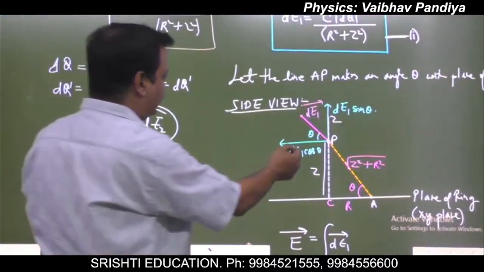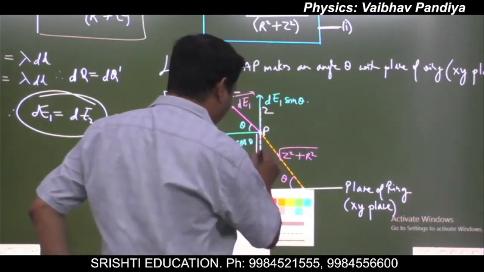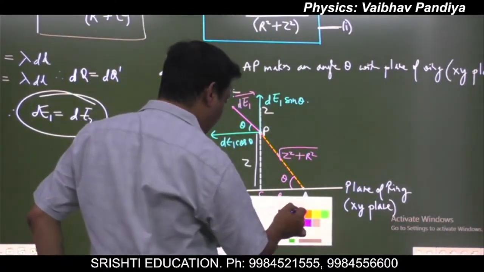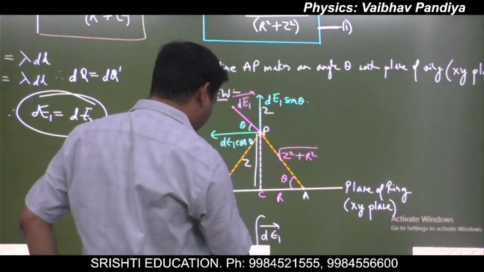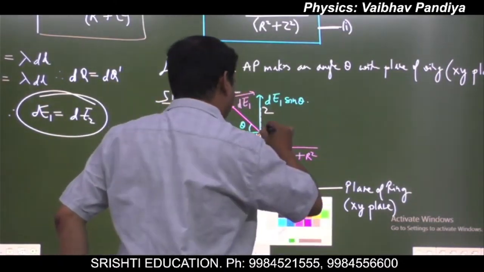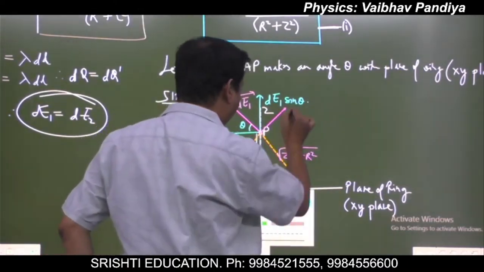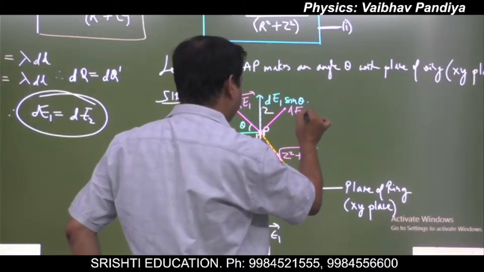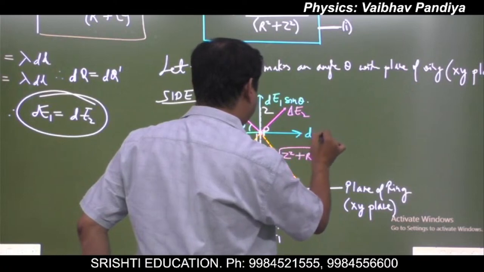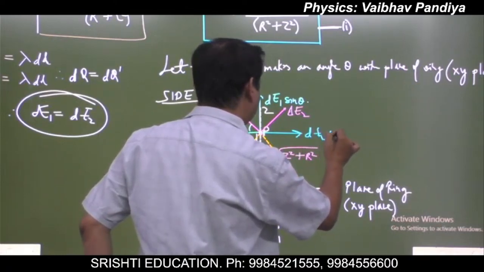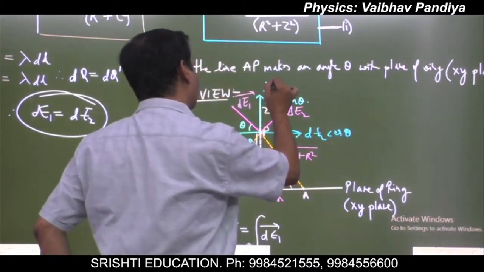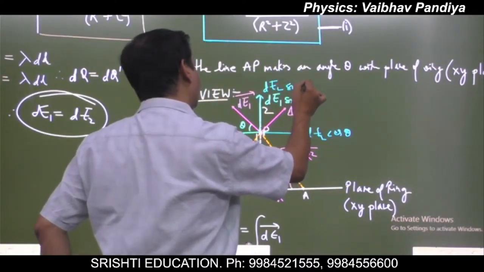Okay, in this figure, say the symmetrically located element is at B. So we can make a line joining B with P. It will make an electric field something like this. This will be your dE2. If you take the components, this will come to be dE2 cos theta, and this will come to be dE2 sin theta.